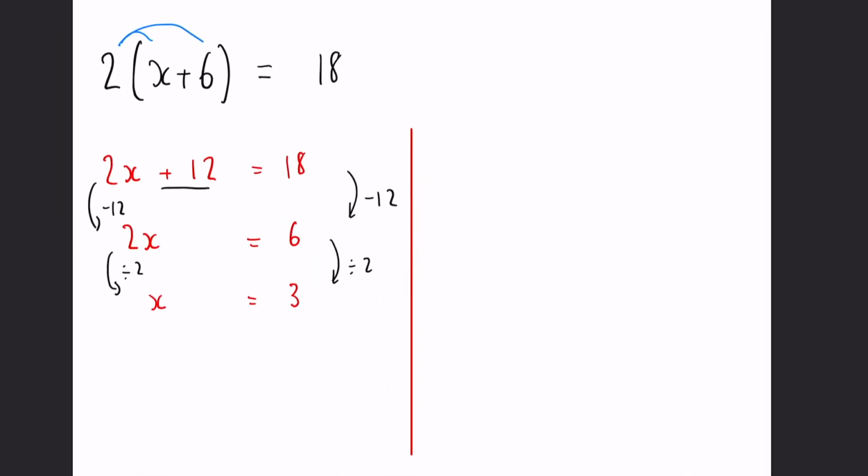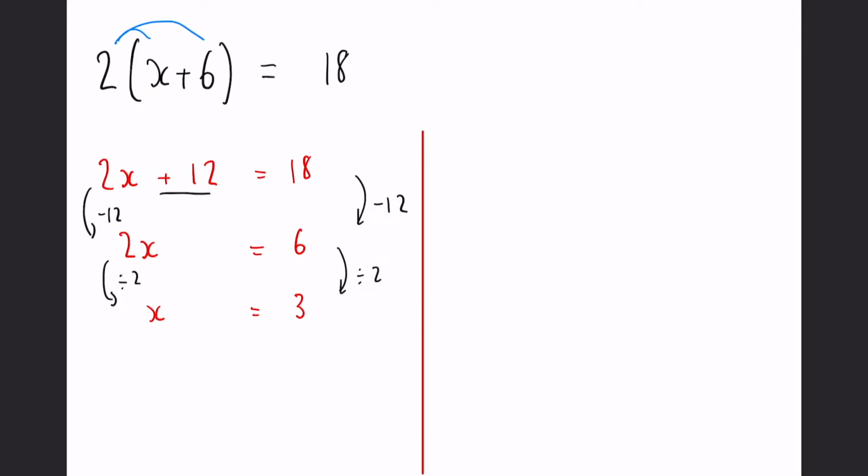Now, the other method is when we've got the bracket written next to the number like this, that indicates that they are being multiplied together, hence why we can expand that bracket and multiply it the way we do. Instead of expanding that bracket out, which in reality could bring some mistakes, so it might not be always the best thing to do, we could just straight away divide both sides by 2, and that will eliminate the 2 on the left-hand side and leave the right-hand side just to be 9.